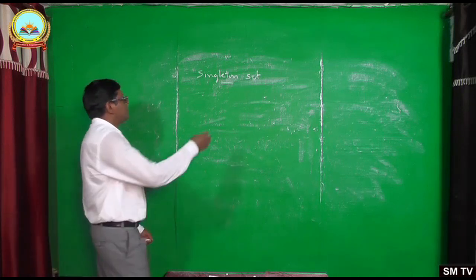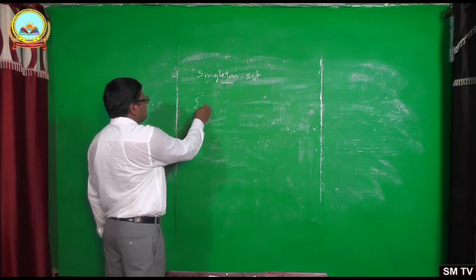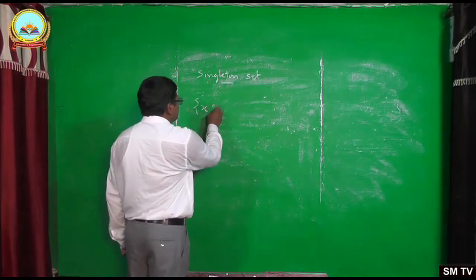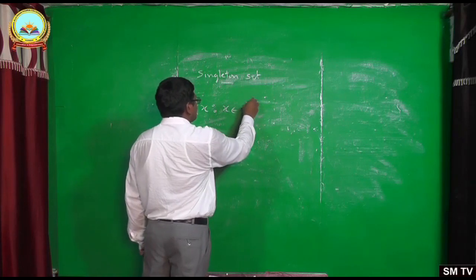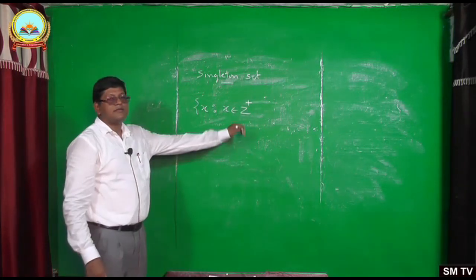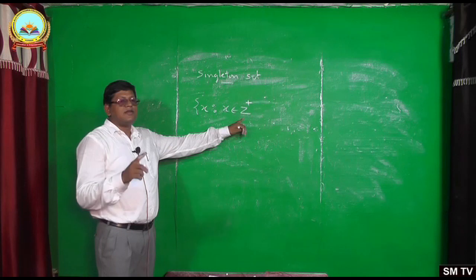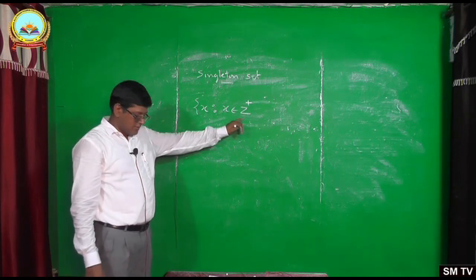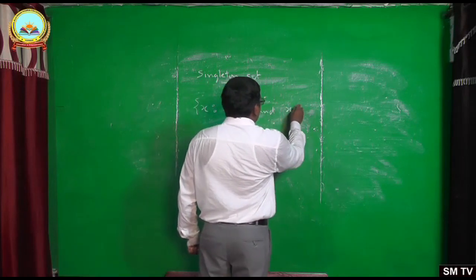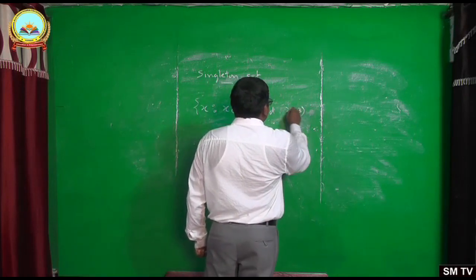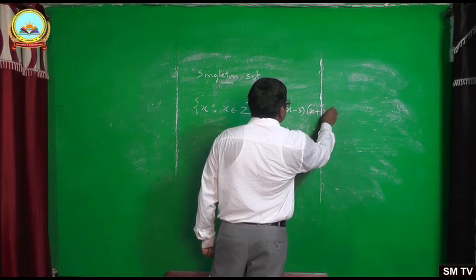For example, the set of all x such that x is in Z plus, that means Z plus is the set of all positive integers, and x minus 3 into x plus 4 is 0.